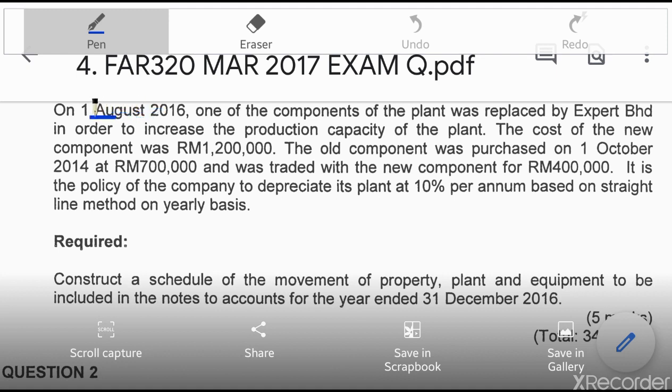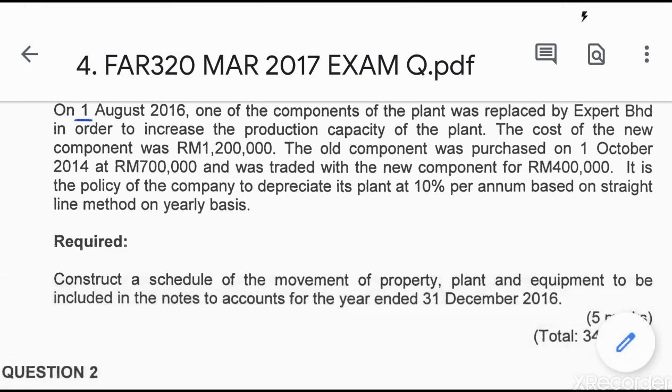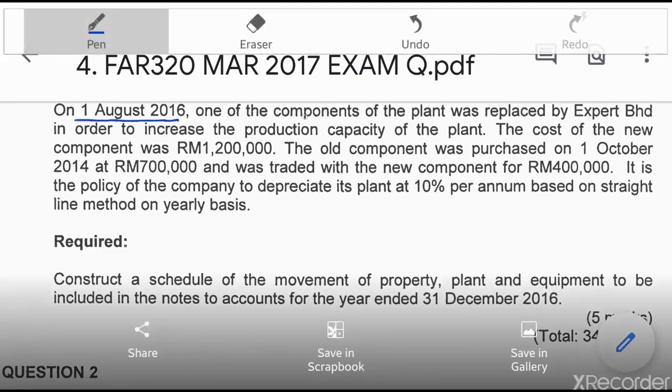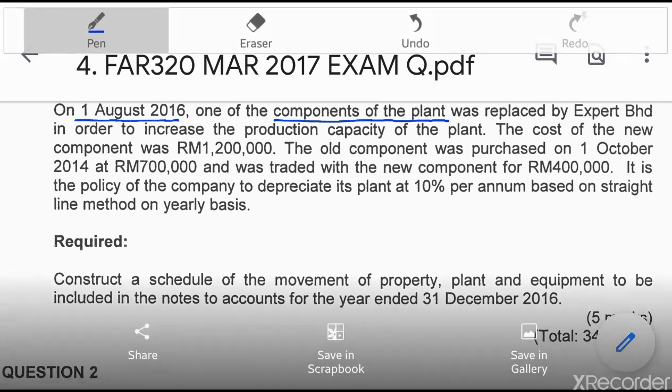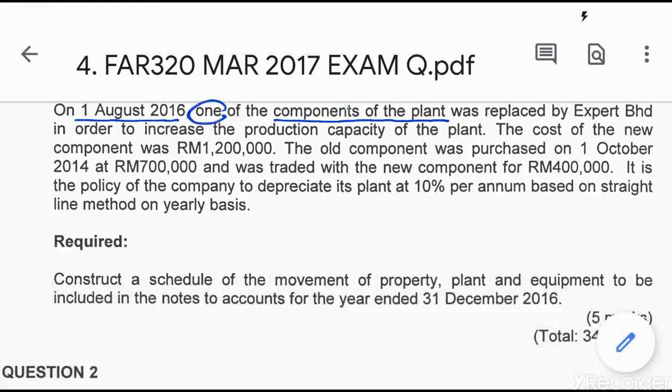For example, let's look at this one. Okay, the date is 1st of August, and you are informed that one of the components of the plant, so let's say you have one piece of plant and it was not replaced completely but only one of the components.